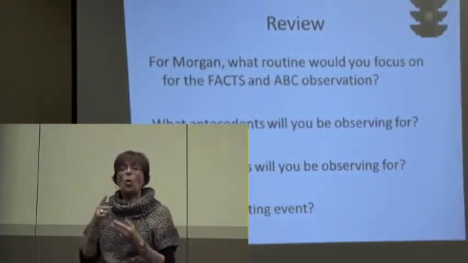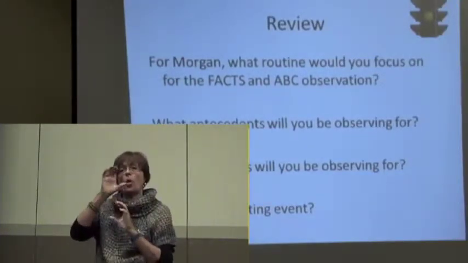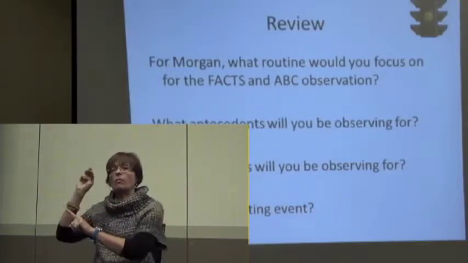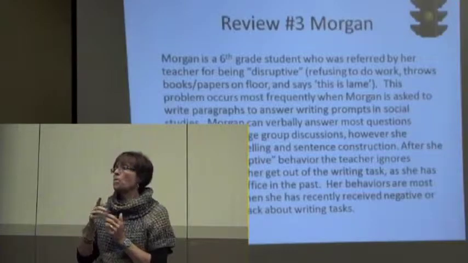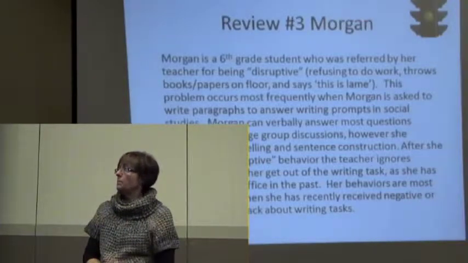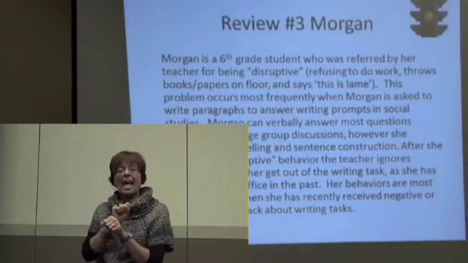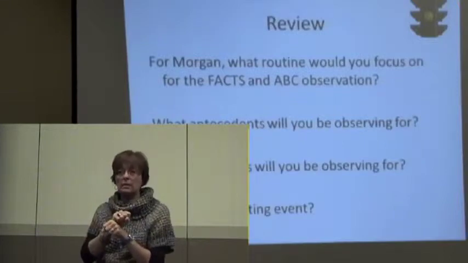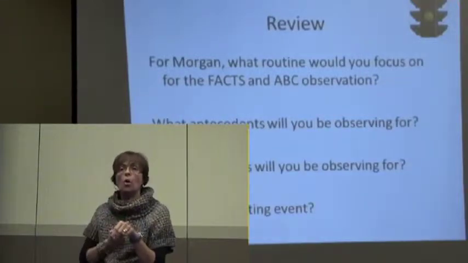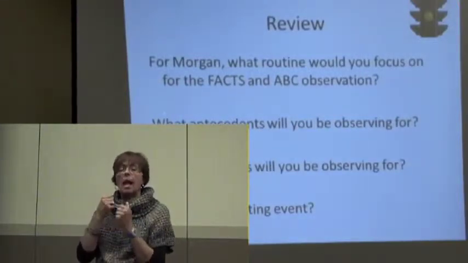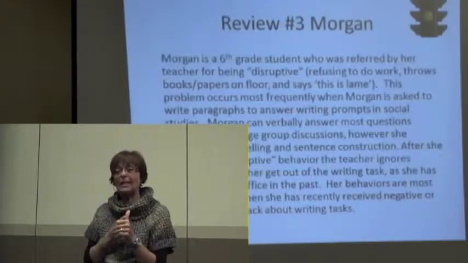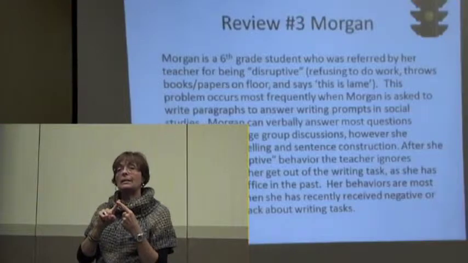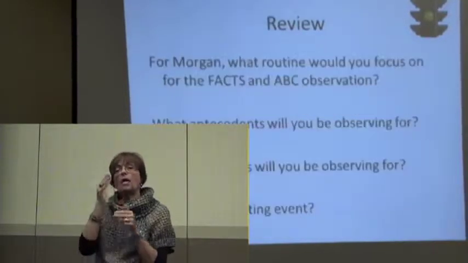Okay? So we take this long narrative and then we say, what are we going to do? What are the antecedents that we're going to be looking for with Morgan? Do you guys remember what they were? Writing tasks, right? Or difficult tasks. Good. Okay. Of course, I broke my own rule here because I'd say, what is the problem behavior first, right? And it was refusing to do work, throwing papers on the floor, right?